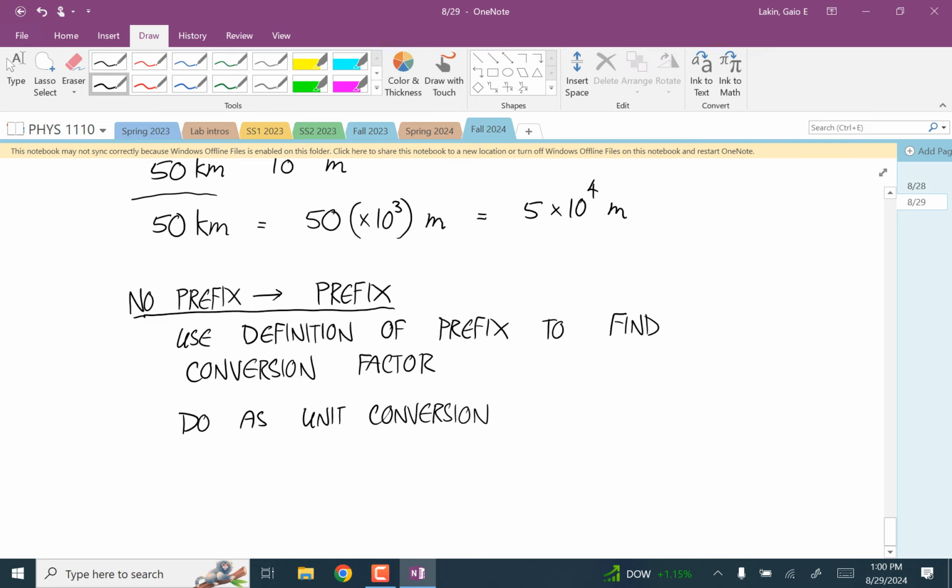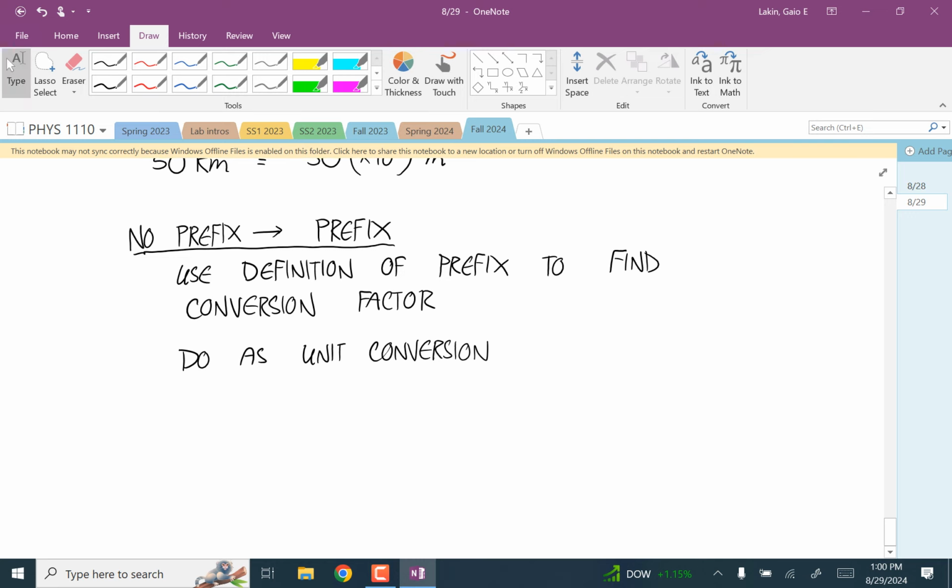Okay, so for example, on this one, let's say we're starting with 100 grams and we want to convert that to micrograms.